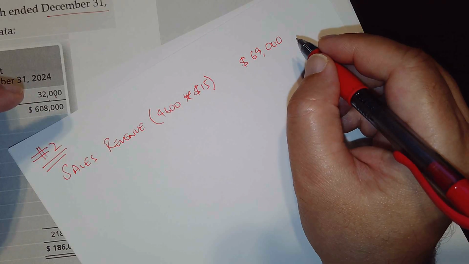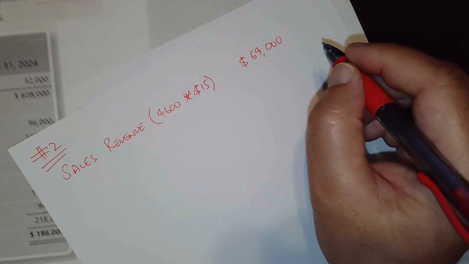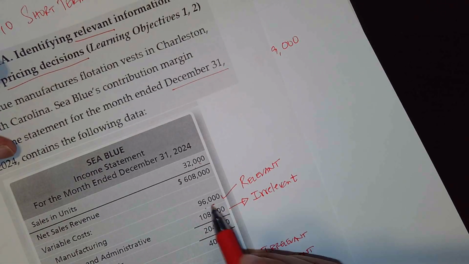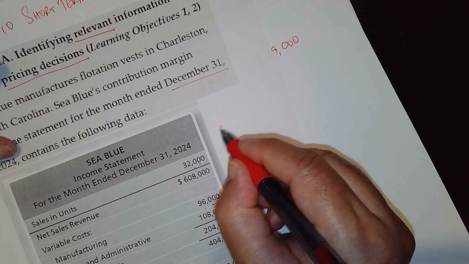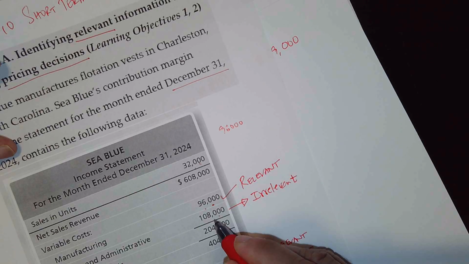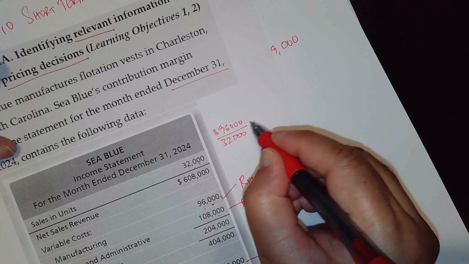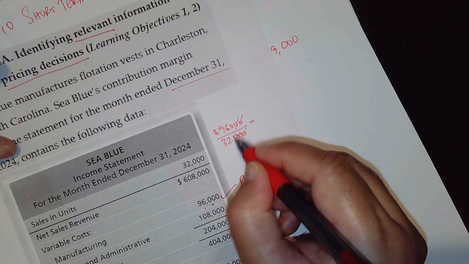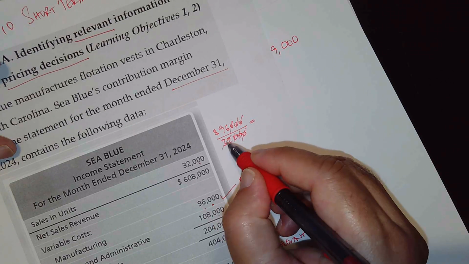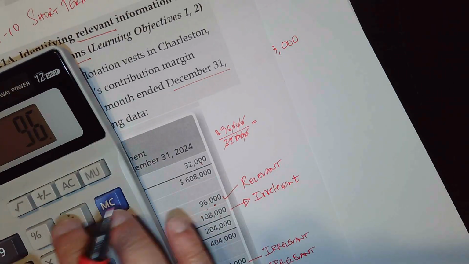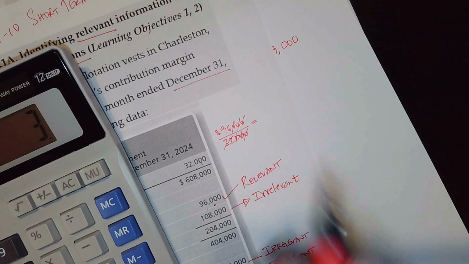Okay. Now we need to find out how much is going to be variable cost. So we look over here. This is a relevant cost. This is the cost for 32,000 units. So if we take $96,000 and divide by these 32,000 units, we get $3.